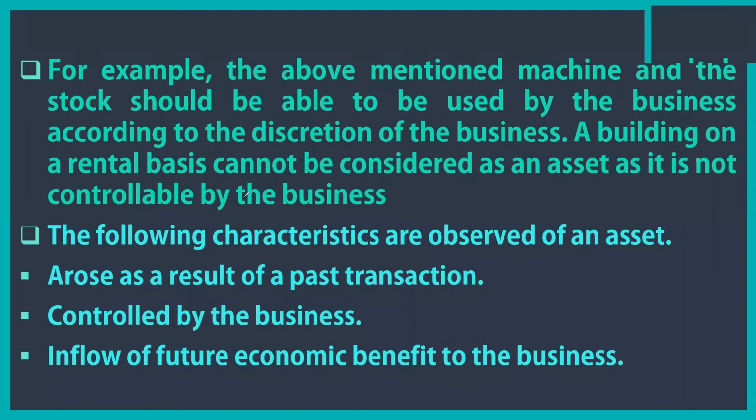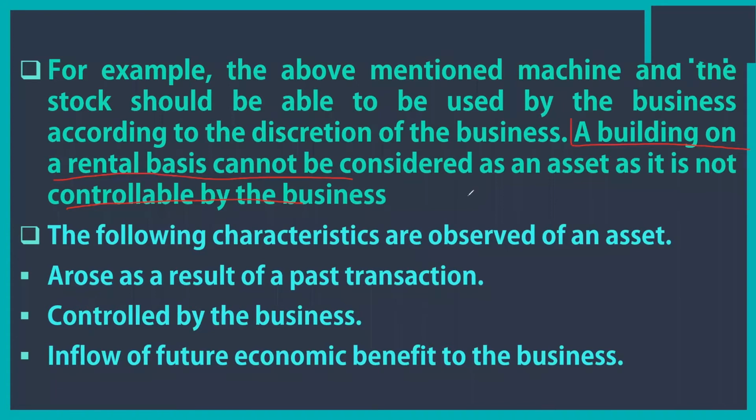A building on a rental basis cannot be an asset, as it is not controllable by the business, right? We can't control that building because we can't sell it. We may be able to change the paint, but we can't go for bigger innovations of the building like that.